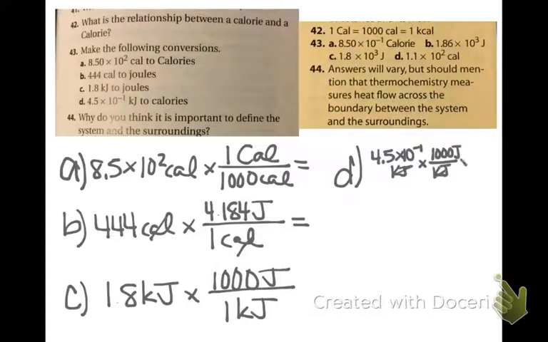Kilojoules will cancel. I'm left with joules, and then I want to take joules to calories. So 1 cal over 4.184 joules. Joules cancel. I'm left with calories. So that's the setup for letter D.